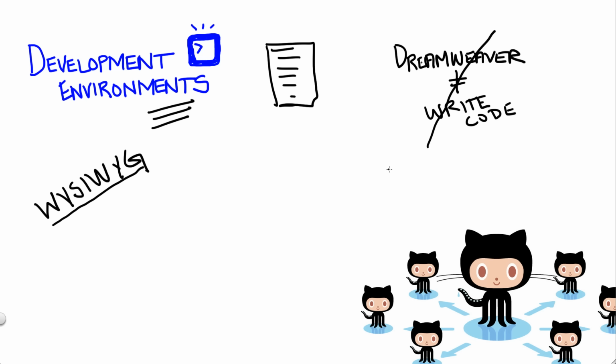If anyone's going to be writing code, it's going to be us. So if you're going to use Dreamweaver as a development environment, you want to make sure that you're only using the text editor portion, because the text editor does work quite well, but we want to make sure we're writing our own code from scratch and we're not letting the system generate code for us. That'll make our job a lot easier in the end in terms of debugging our code, and it'll also make things simpler to fix problems, because we can take out a lot of different variables.